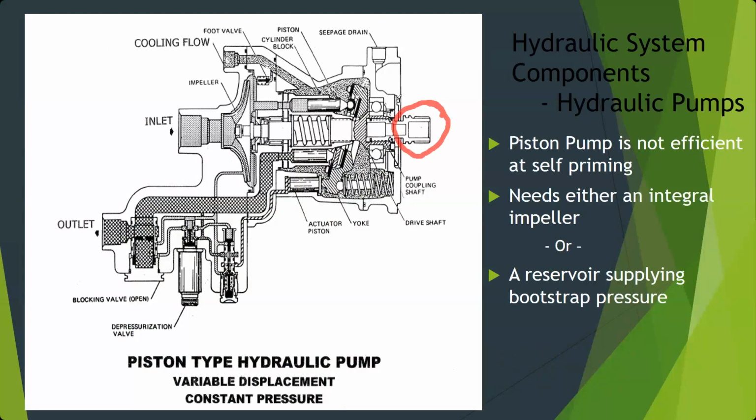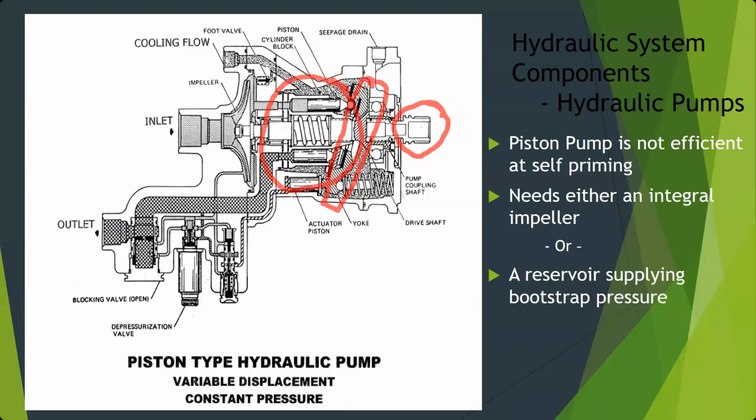And that shaft is going to spin this area in the middle that's made up of a cylinder block and pistons. As it spins that cylinder block, those pistons are attached on an angled plate right here. It's called a yoke, or you'll also hear it called a swash plate.